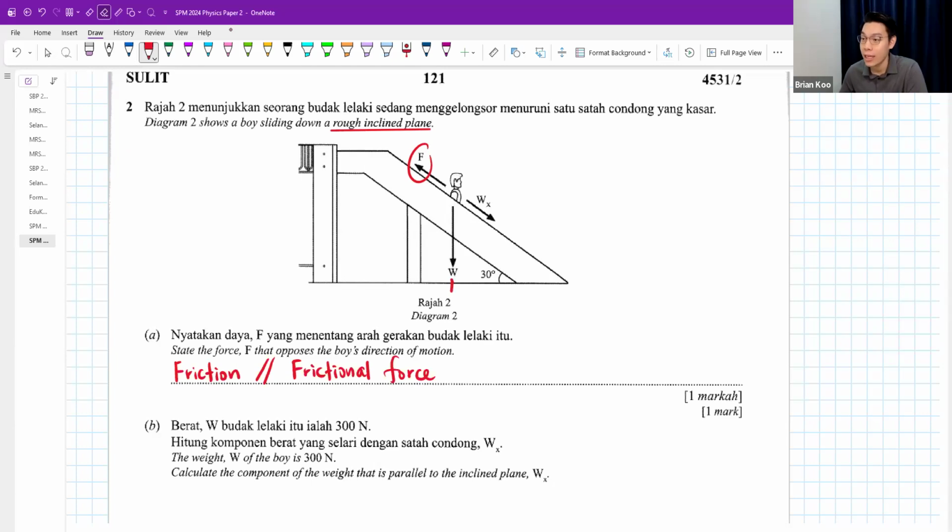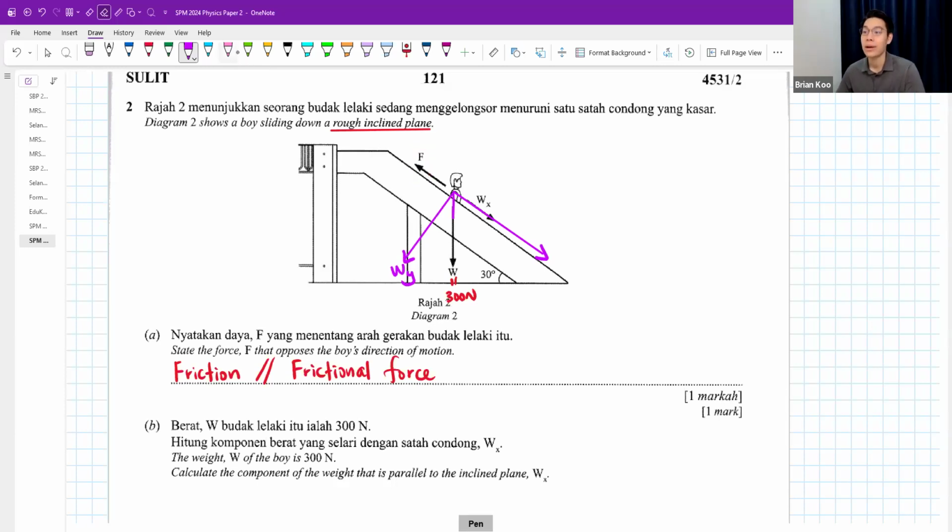Okay, this guy is 300 Newton. But question 1's, what is the Wx? You can also resolve your force into something called Wy, but they're not interested in this.